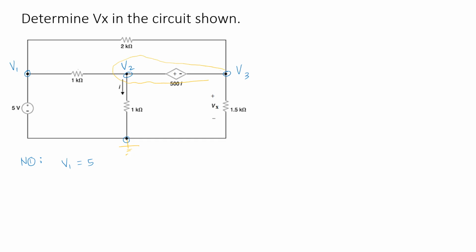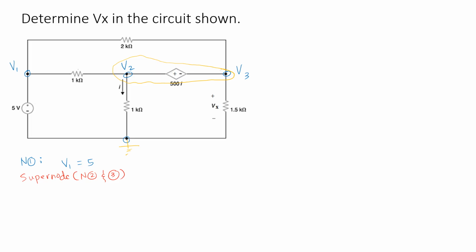So that would mean we will use the concept of supernode, meaning at nodes 2 and 3, since there is a voltage source between them, we will have a supernode, meaning we will combine nodes 2 and 3 and treat it as one node. And so at the supernode, we apply the KCL. And by inspection, this will be the equation.